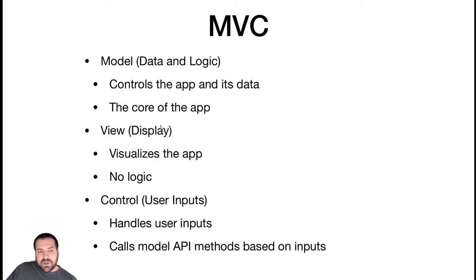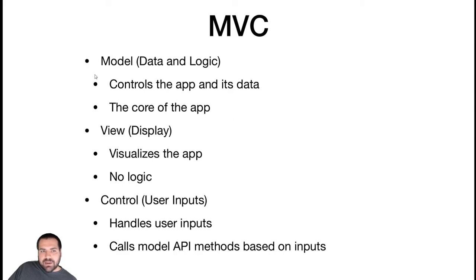The view is only responsible for visualizing the app itself. This is anything that's displayed on the screen. The view is typically going to get a bunch of raw data from the model, and it's going to figure out how to render that to the screen. And then the controller is going to interact between the view and the model. It's going to grab user inputs and translate them into calls of the API methods of the model.